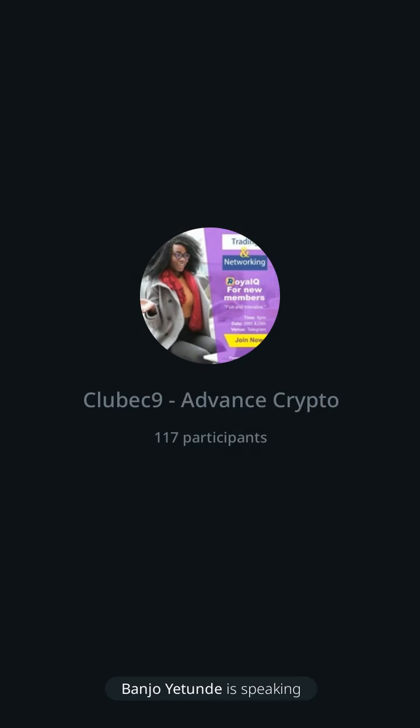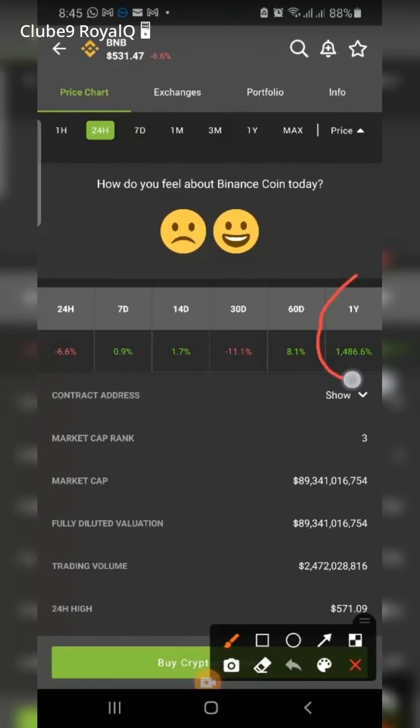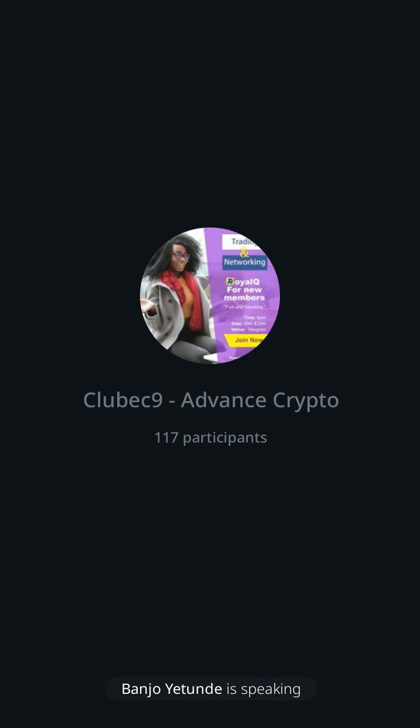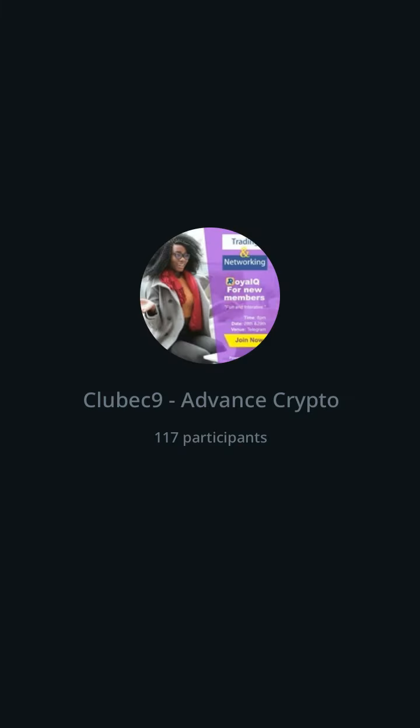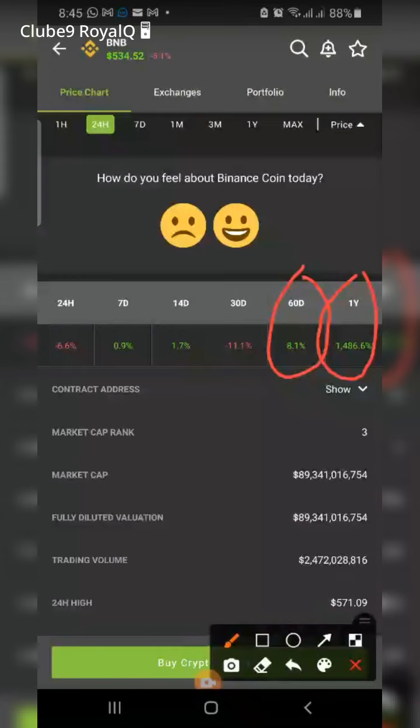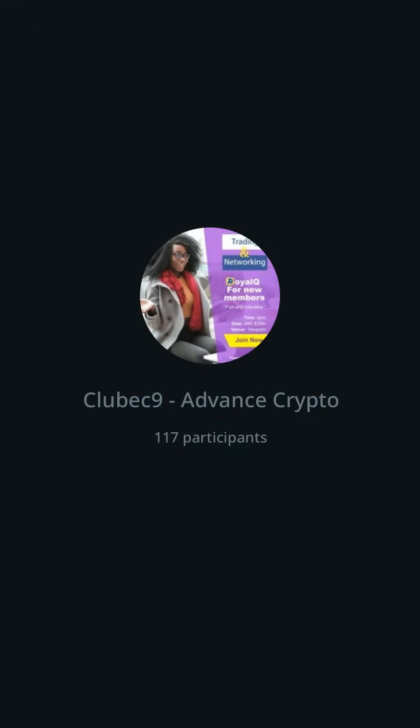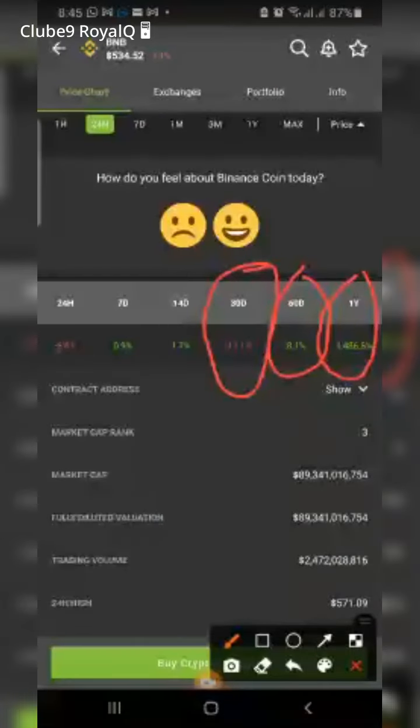For the past 1 year, BNB has grown by 1,400%. For the past 60 days, BNB has grown by 8.1%. For the past 30 days, it has been down by 11%. For the past 14 days, it has been down by 1.7%.